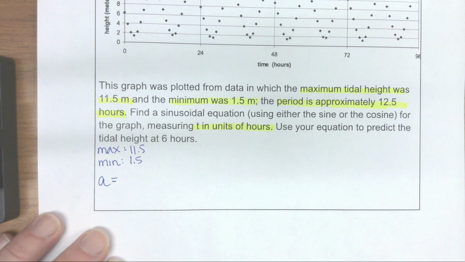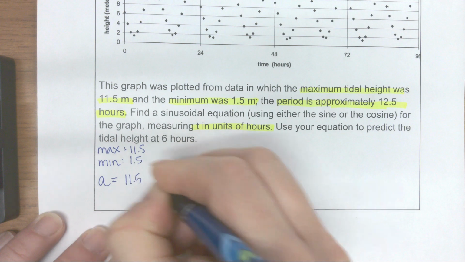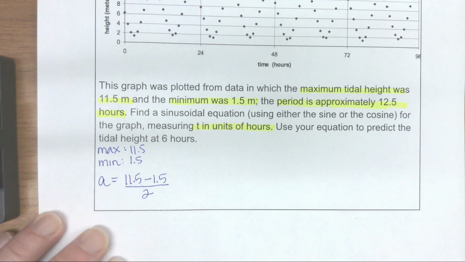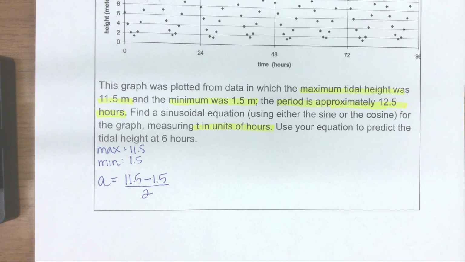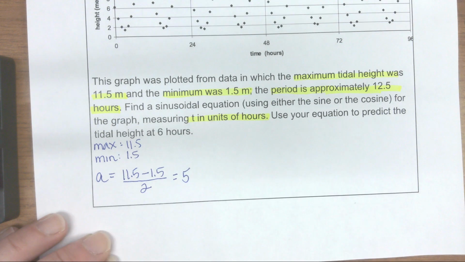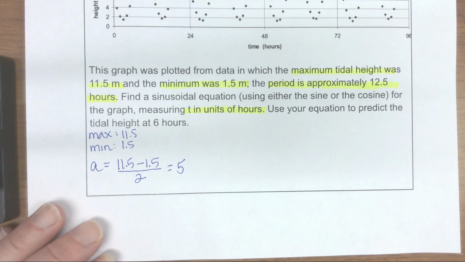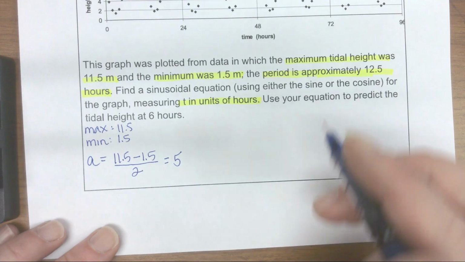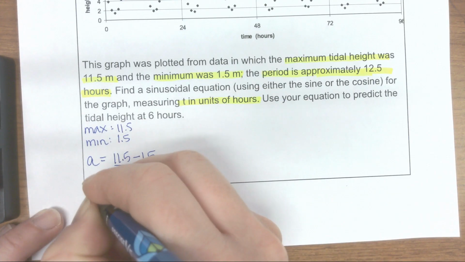I'm just using that formula from above. And then we're going to divide that answer by 2. What is 11.5 minus 1.5? 10, right? 10 divided by 2 is 5. Okay. Next, I'm going to figure out my B value.